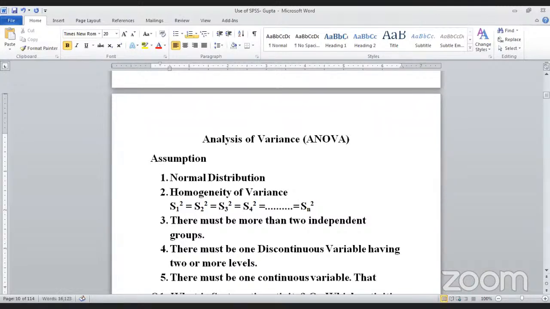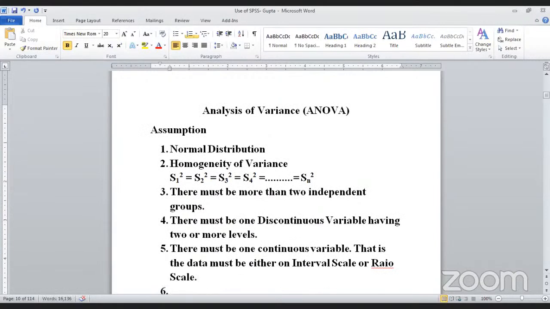That is, data must be either on interval scale or ratio scale. Then there should not be any outlier.